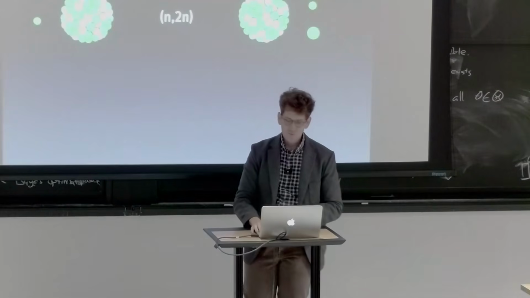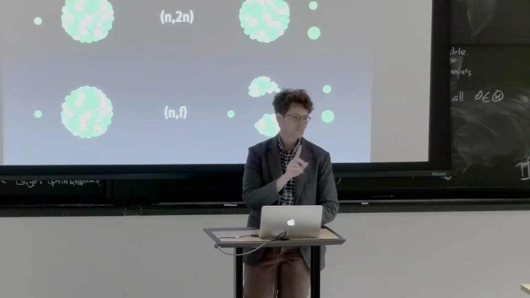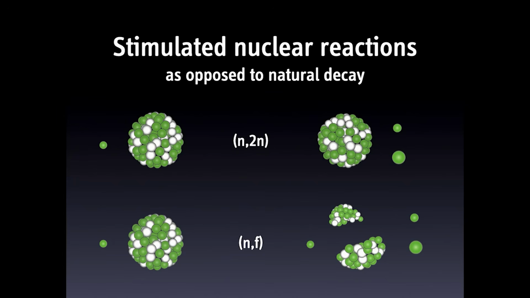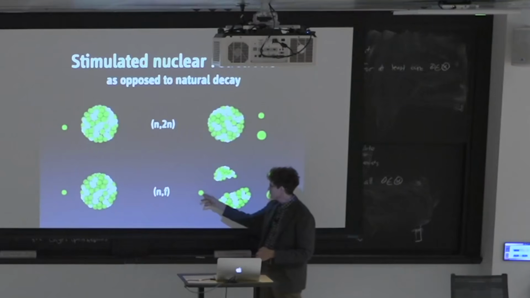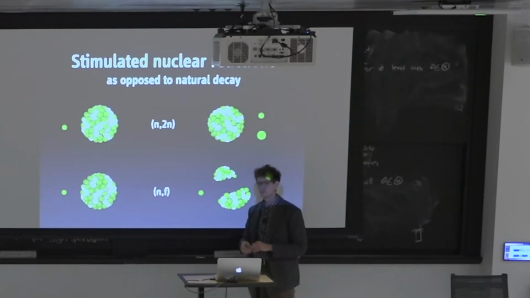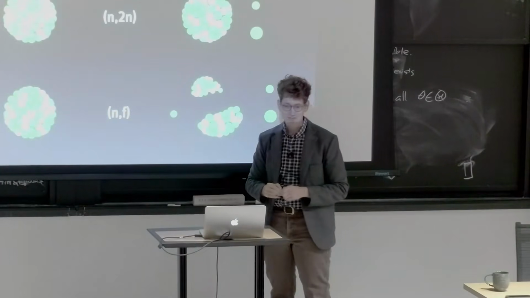However, for a few special nuclei, and indeed only 1 nucleus found in nature, uranium-235, you can stimulate this weird reaction called the fission reaction, which is what is showing here. For some reason, with this nucleus, when you shoot 1 neutron, the whole thing splits in half. And now when you do your calculation, it turns out you get about 200 MeV out, which is a lot more energy.